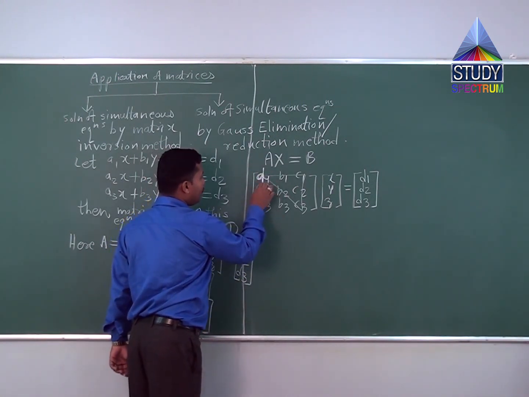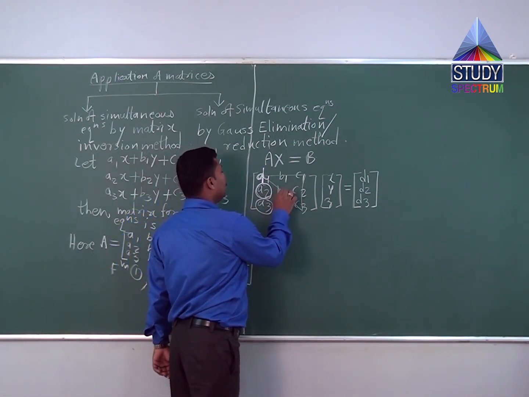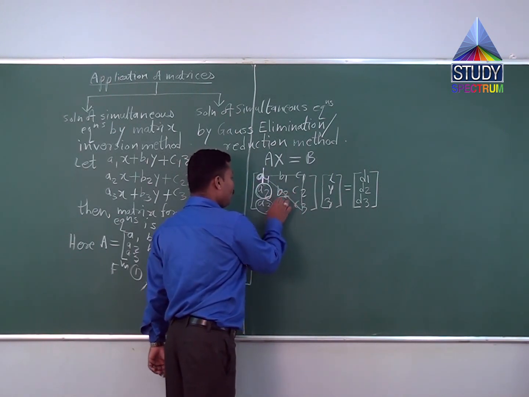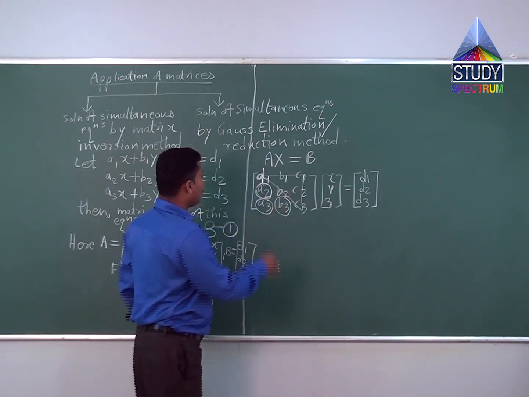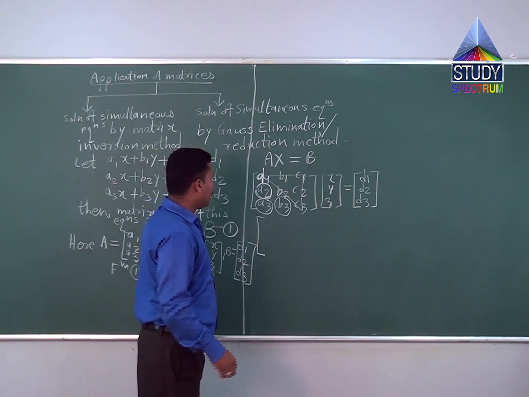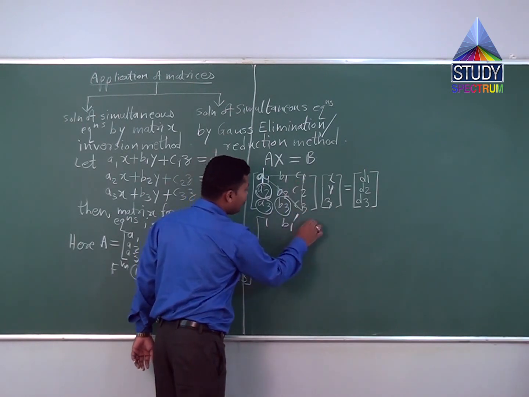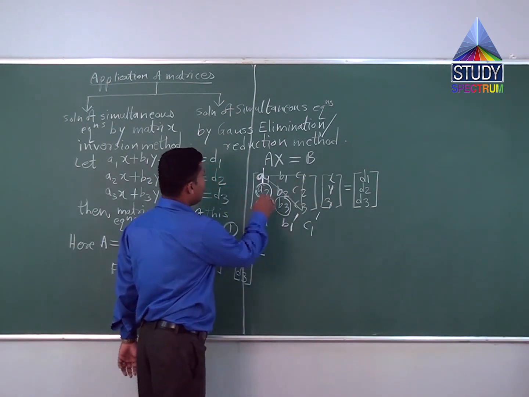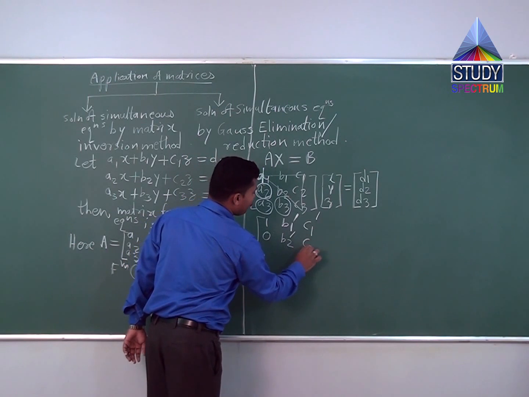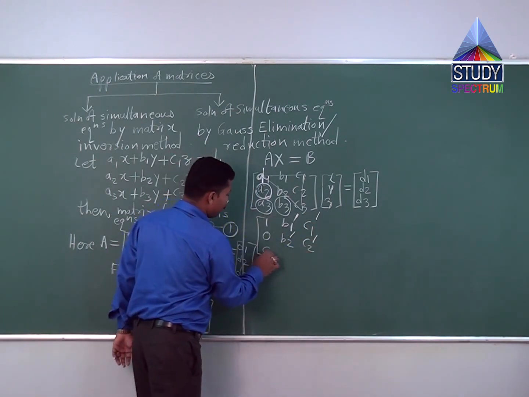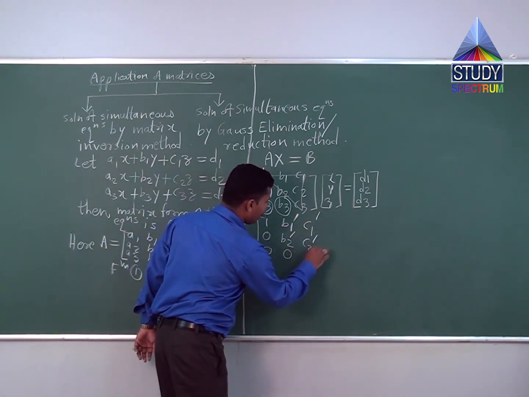So by using this one, make this number 0, and this number 0. Again by using this number, make this number 0 and this number 0. So we get the new numbers: 1, B1 dash, C1 dash; A2 is 0, B2 is B2 dash, C2 is C2 dash; and A3 becomes 0, B3 becomes 0, and C3 becomes C3 dash.